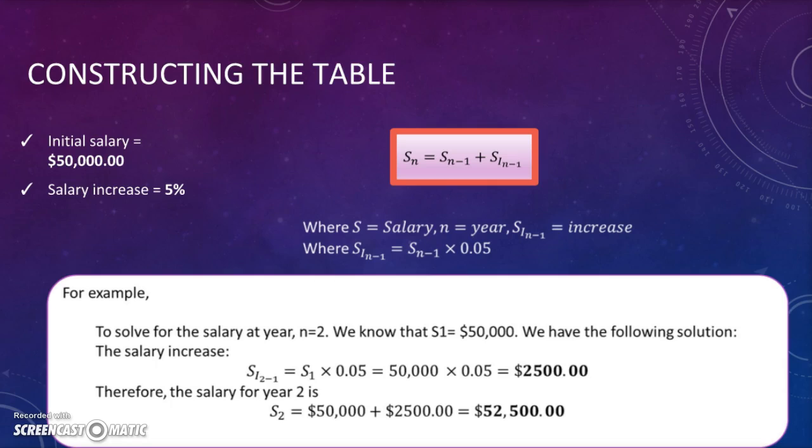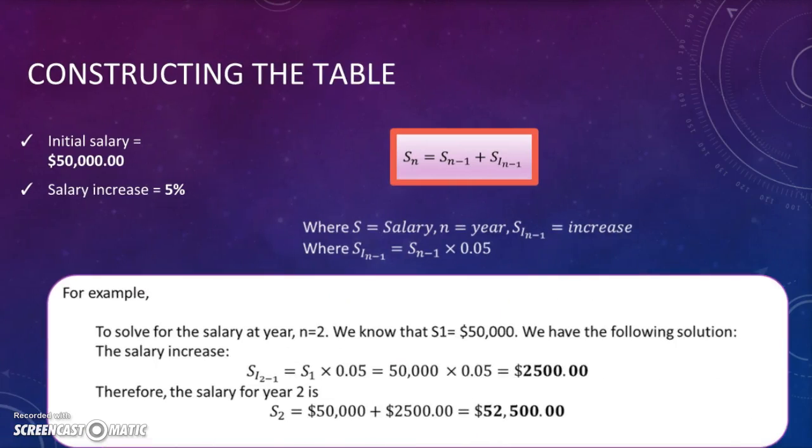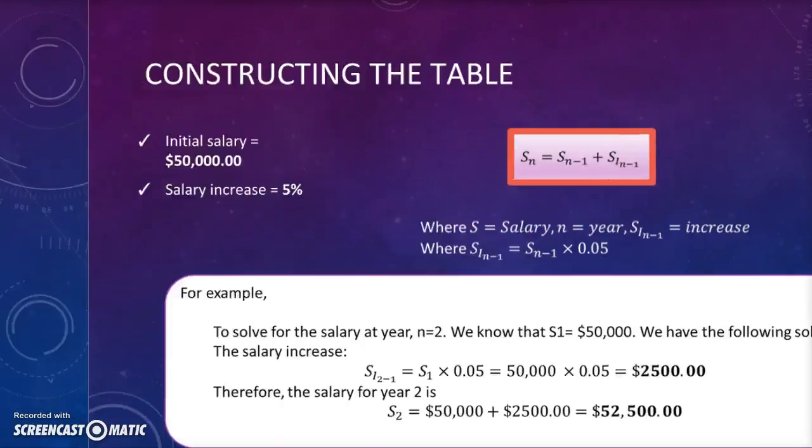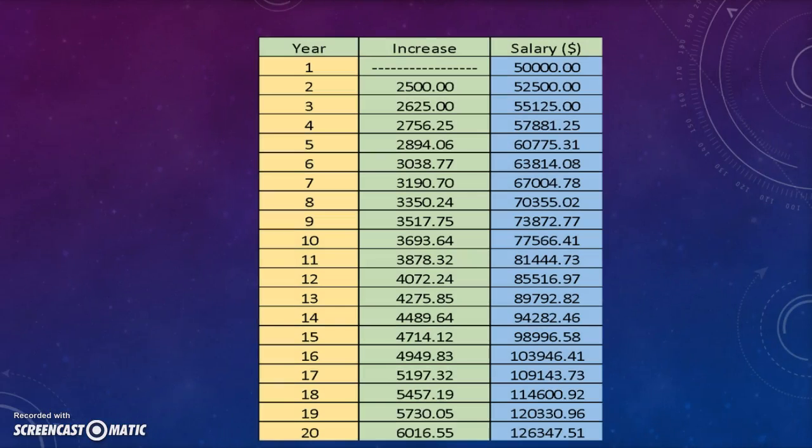The salary increase will be $2,500. Therefore, the salary for year 2 is $52,500. We can then solve the salaries for the succeeding years using the same formula. With that, we now have the following table showing the different salaries for every year.